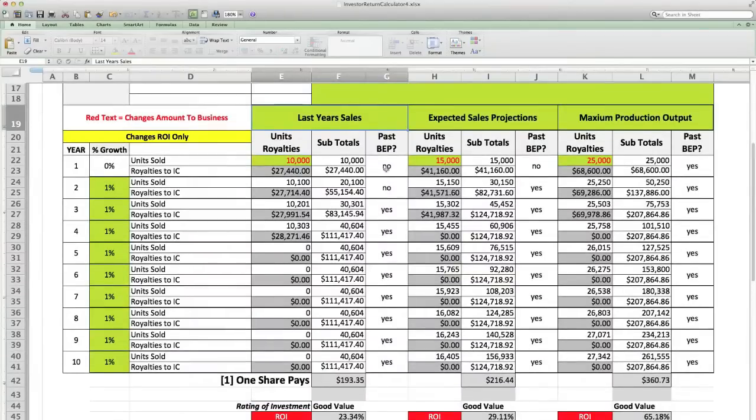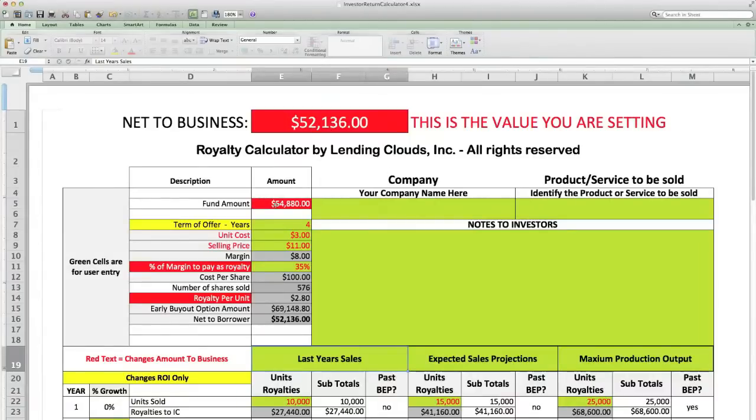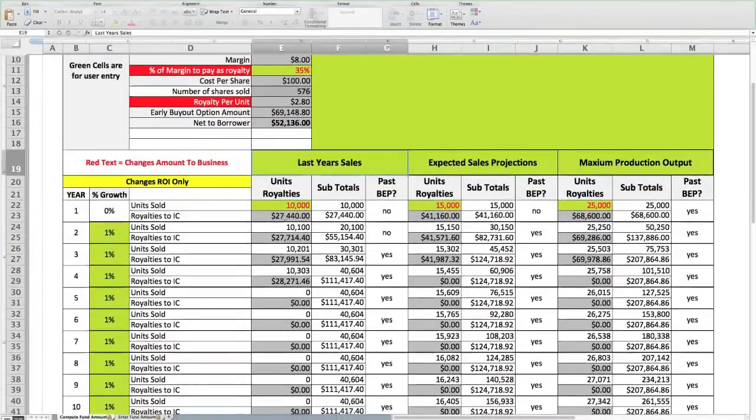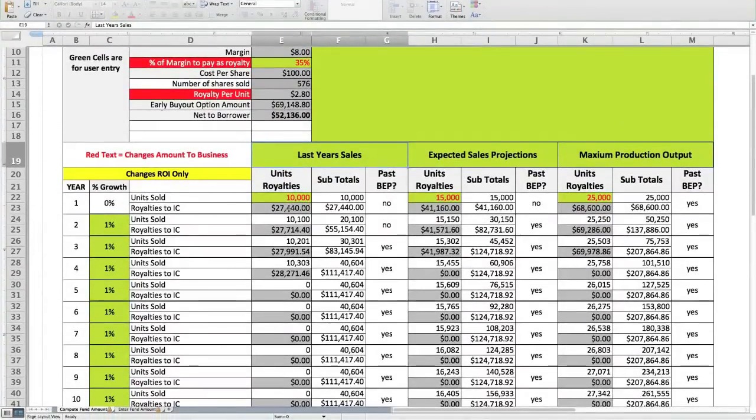So you can see here, we've loaned out, we've received $54,000 or $55,000 from the investors. And year one, we're paying out $27,000, year two, $27,000. So at the end of year two, the investors have only gotten their money back. They haven't made any additional profit.